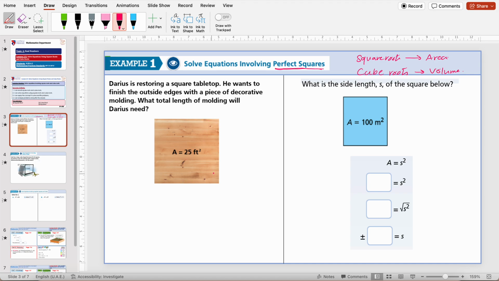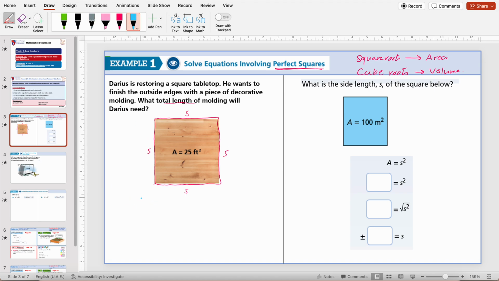So they gave us the area of the tabletop, and they want to know the total length of the molding he needs to go around the outside edges of the tabletop. They basically want each of these sides, and don't forget they want the total length, so I'm going to combine all the sides at the end. First of all, my goal is to find the side.